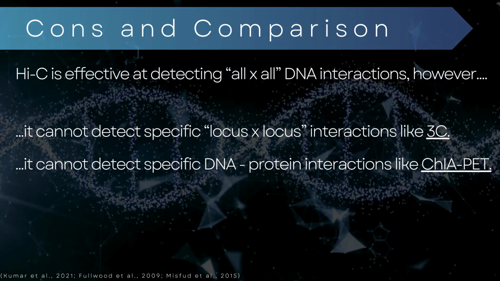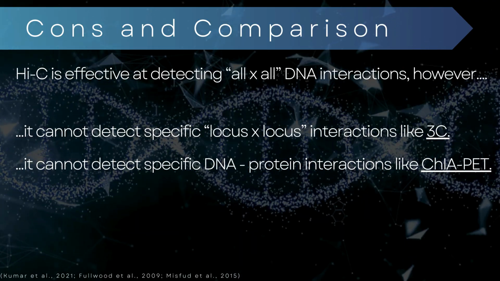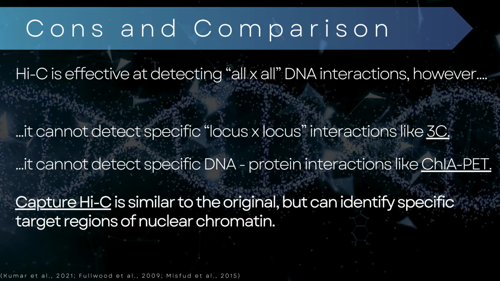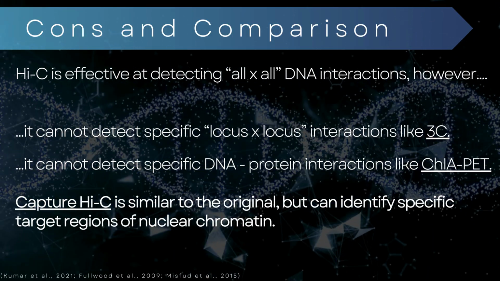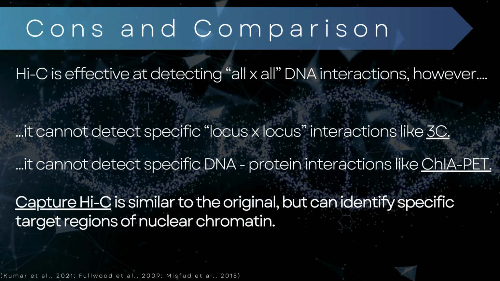Today, Hi-C has been further refined to address some of these shortcomings. One refinement, known as Capture Hi-C, maintains similar methodology but allows for a more focused analysis of specific target regions of nuclear chromatin.